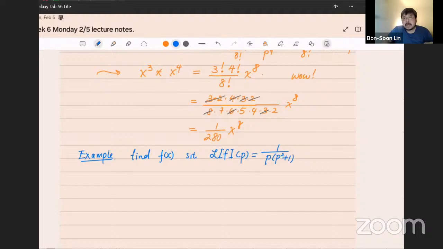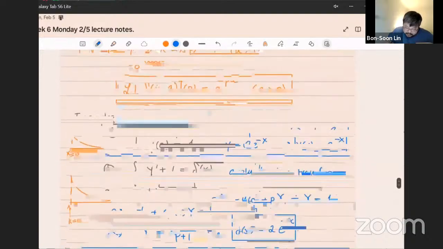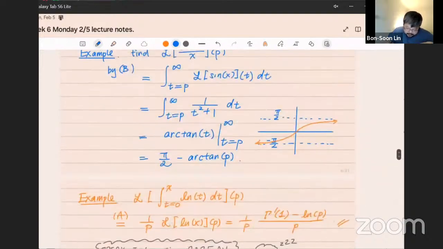Okay. Now, wait a second. Do you recognize this? This is 1 over p times something, right? We have an integral rule about this. So we could solve this in a different way, right? Earlier, we actually did something like that, I believe. Did we?